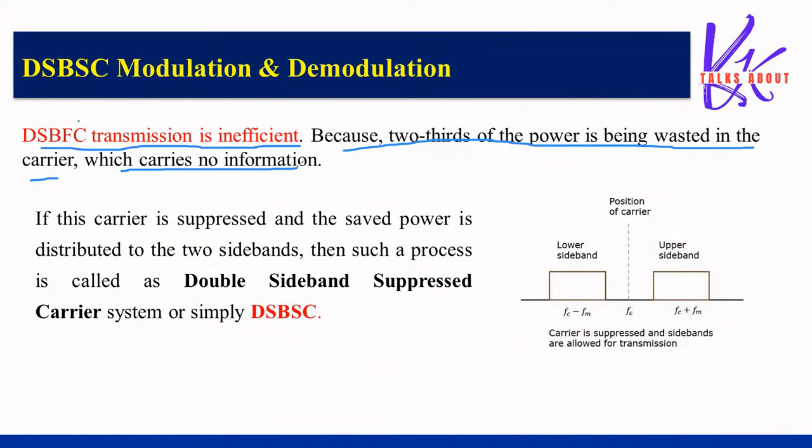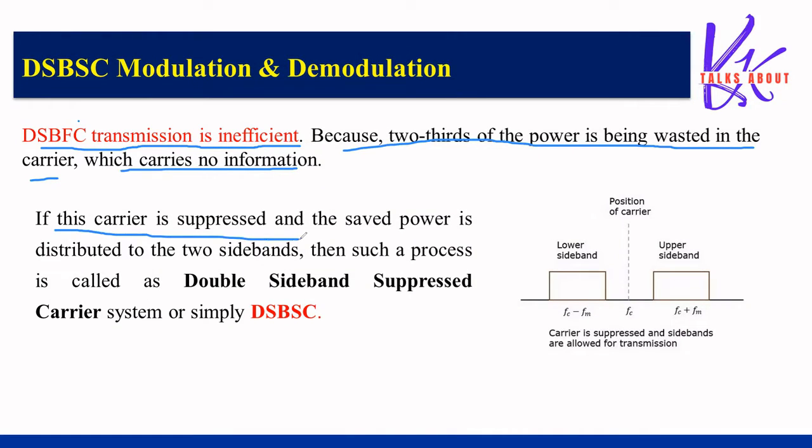That means along with your lower and upper sideband, we are transmitting a carrier. The carrier does not have any information, so power is getting wasted. That is 2/3, meaning 66.6% of the power is getting wasted only to transmit the carrier along with your two sidebands.